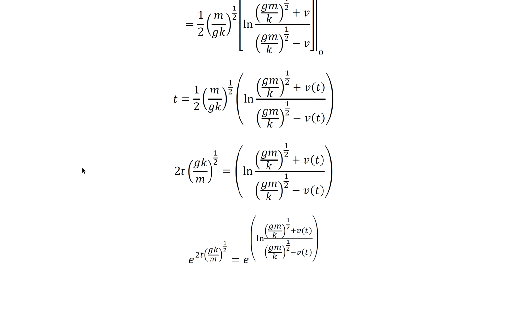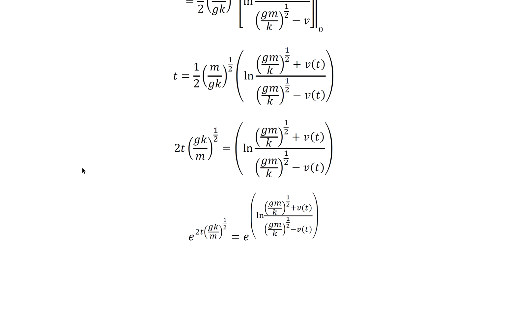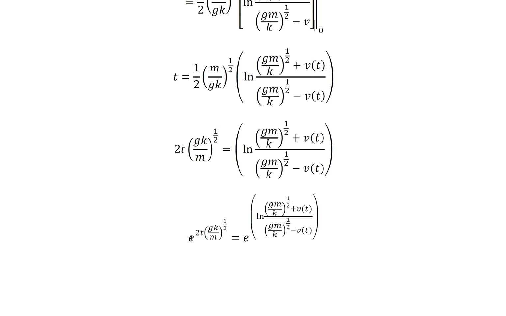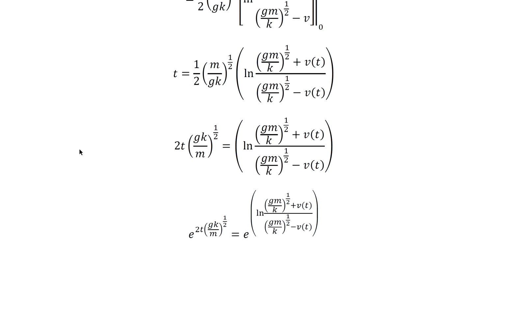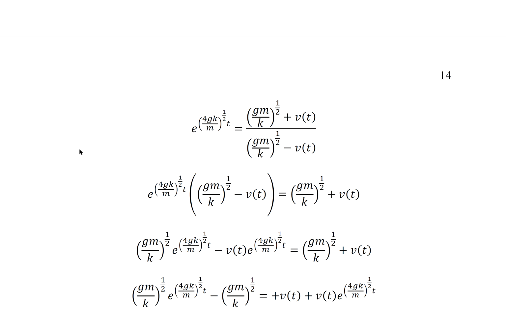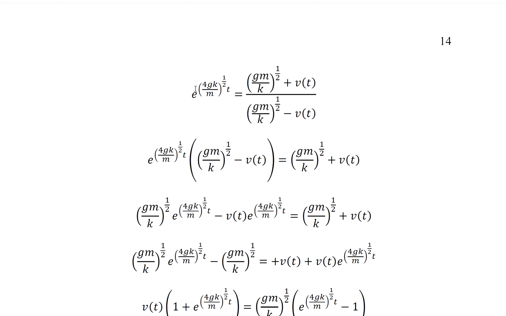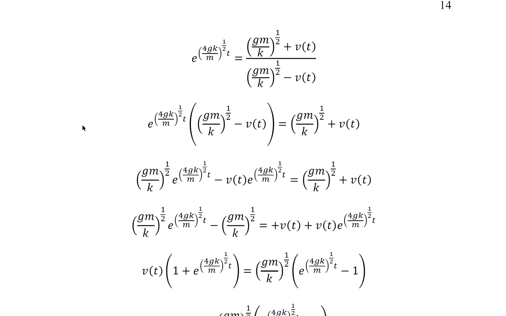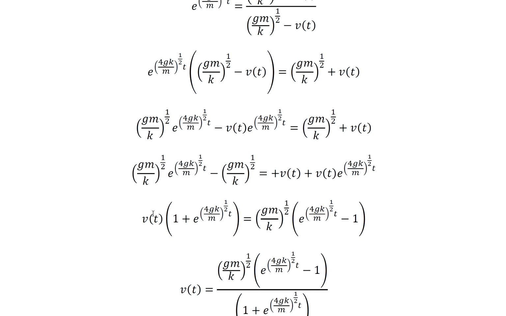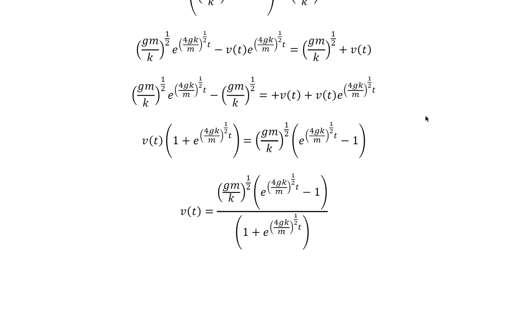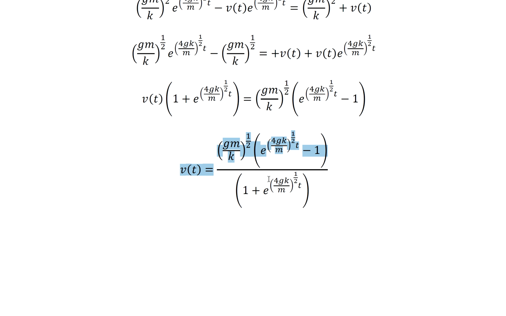And then I just rearranged to get this and took the exponential of both sides. I'm continuing to simplify. I was able to get v on one side. Finally, this is my equation for velocity as a function of time.